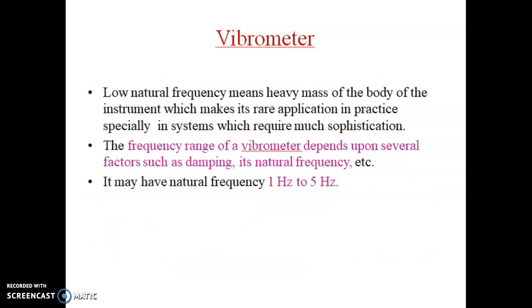We already discussed that vibrometers use low natural frequencies, and the natural frequency omega n for vibrometers ranges between 1 Hz to 5 Hz.